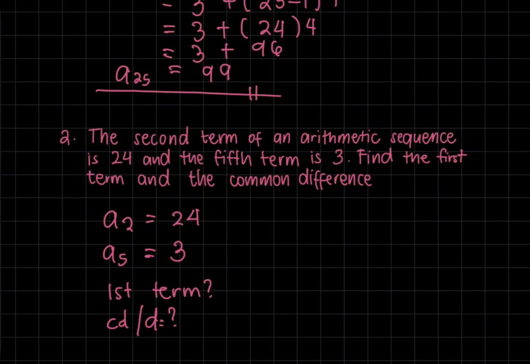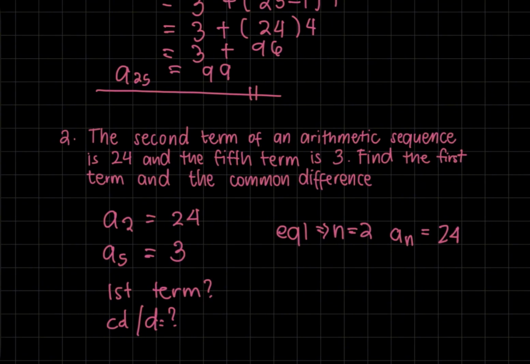Since we have two unknowns, we have a and d, we're going to set up two equations using the nth term formula. Equation 1. Using the second term, we have n equals 2 and a sub n is equal to 24.